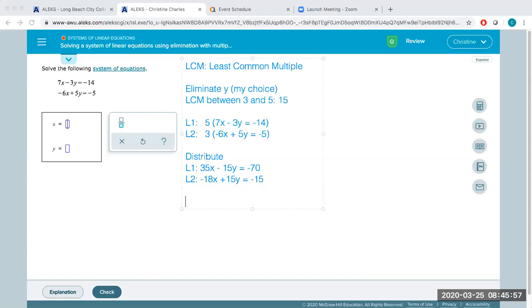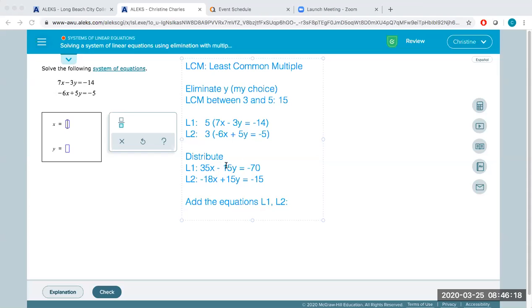Notice, if I try to add the equations, I want to see, am I going to zero out the variable of my choice?